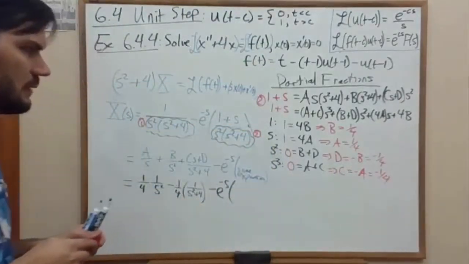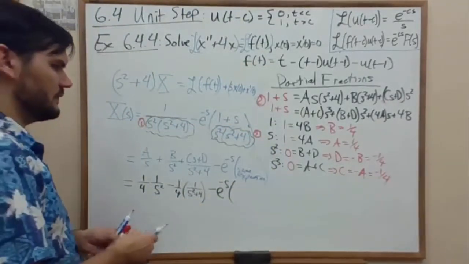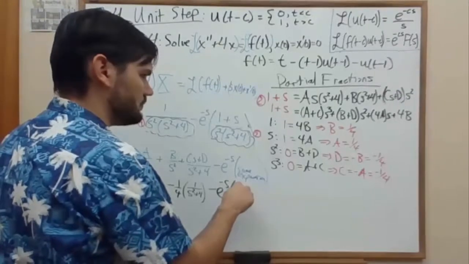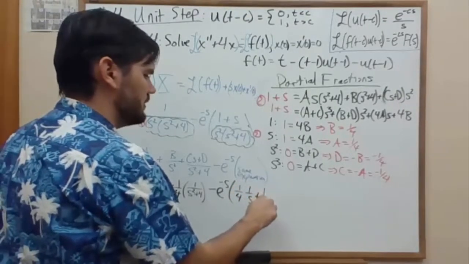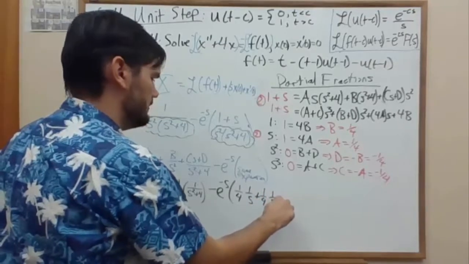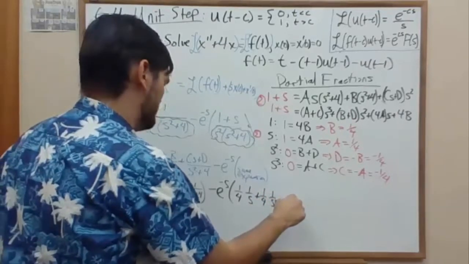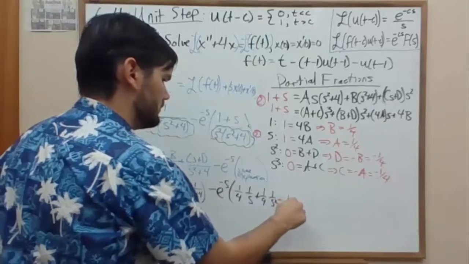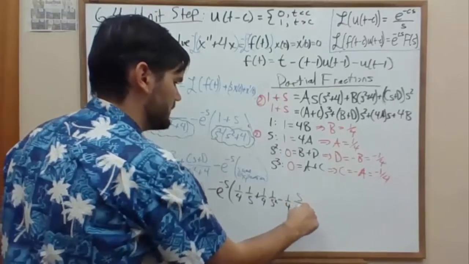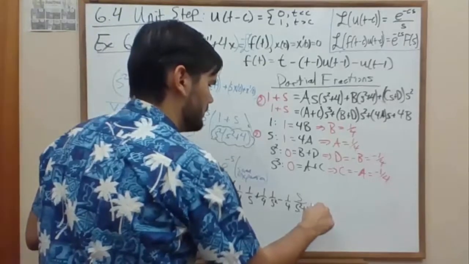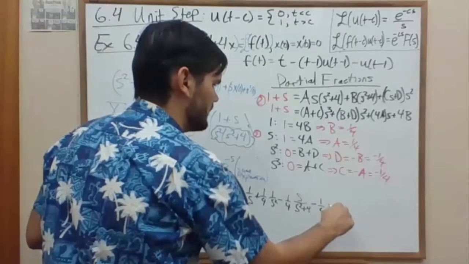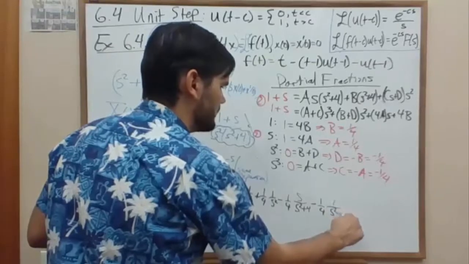Okay, so now we have a little bit more to work with. So that gives us a 1/4 of 1 over s plus a 1/4 of 1 over s squared minus 1/4 of s over s squared plus 4 minus 1/4 of 1 over s squared plus 4.